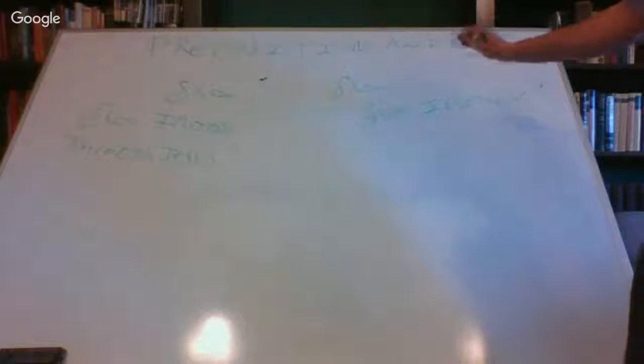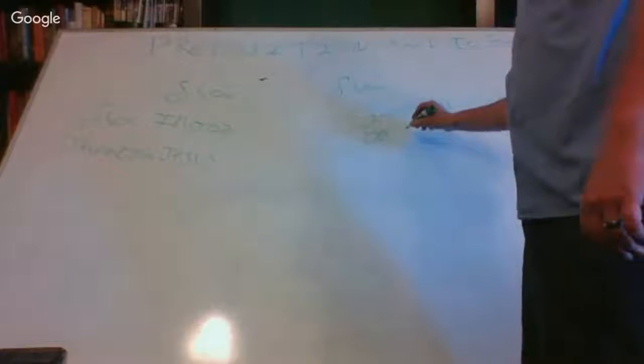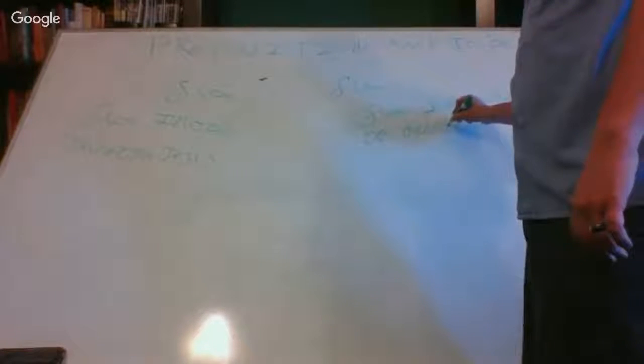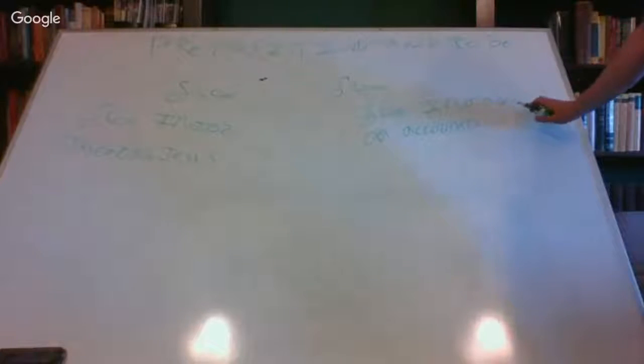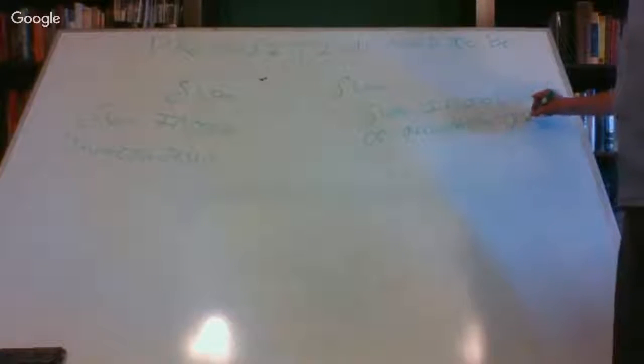And this one's going to be on account of or because of Jesus. So what's the difference between the two? Because Jesus is an accusative. Yep. So because Jesus over here is in the accusative, Jesus over here is in the genitive. So the case dictates what the case of the preposition is.